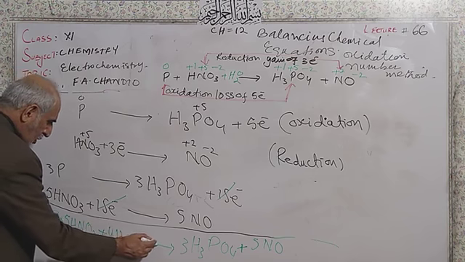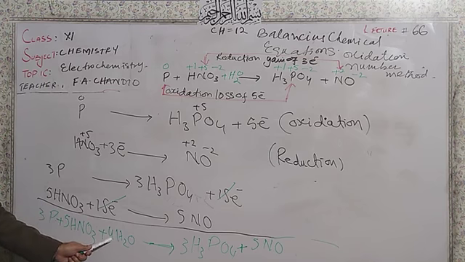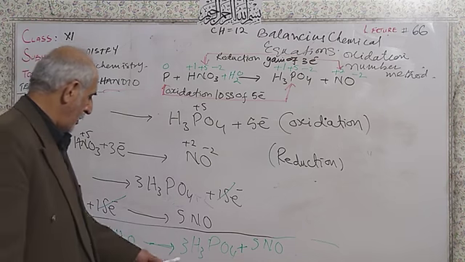water molecules. So when I put the 4 water molecules here, then 2 4s are 8 and 3 4s are 15. 15 and 4, there are 19.